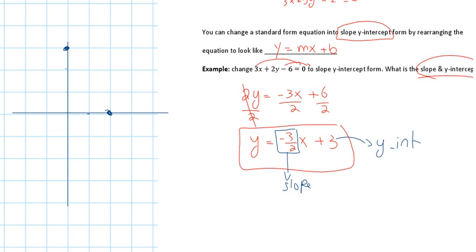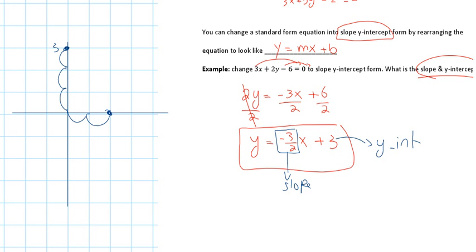Because I went down 1, 2, 3, and I went over 1, 2. I started at my y-intercept at 3, and because my slope is negative 3 over 2, I went down 3. Negative means down. So I start at 3, and then I go down 3 over 2.